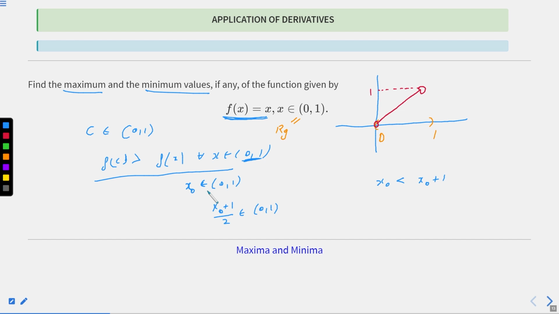Now what I am trying to say is that x naught will be less than this thing for every x naught belonging to 0 to 1. Then what will happen?